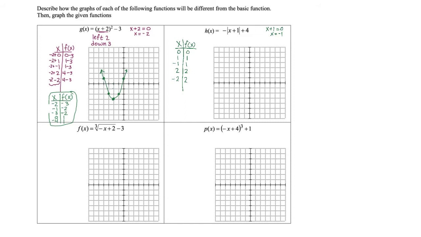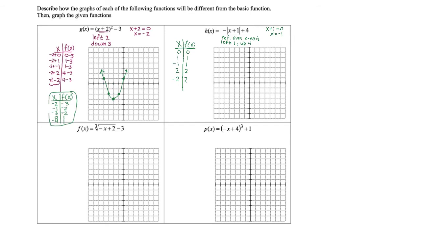It looks like we have a negative on the outside, so that means we need to reflect over the x-axis. And we need to move left 1. And we need to move up 4.